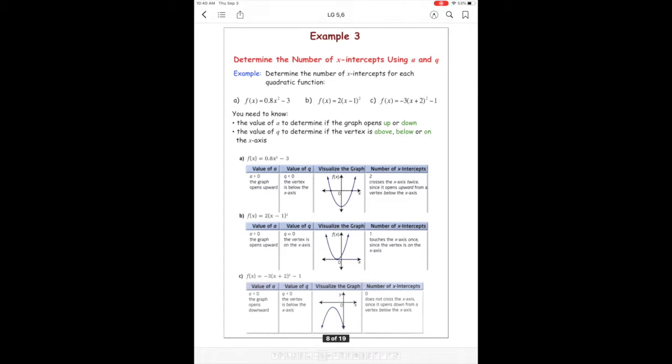So let's look at the first example here. We have f of x or y equals this.